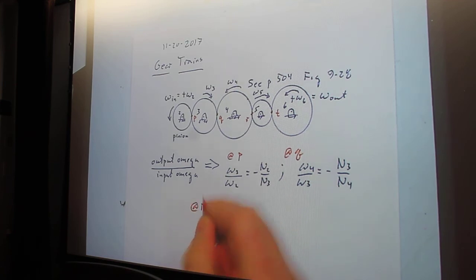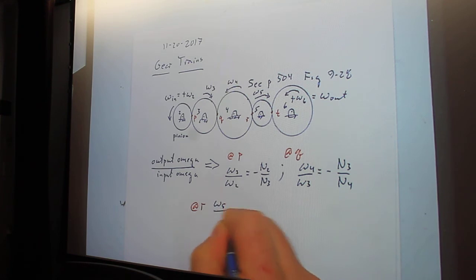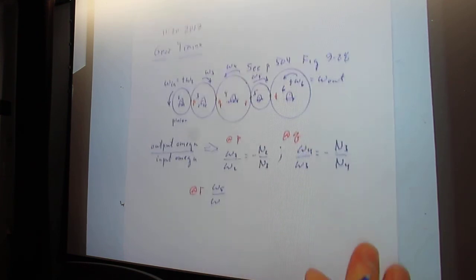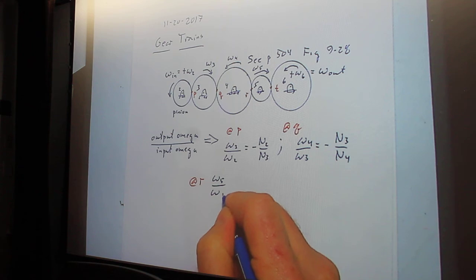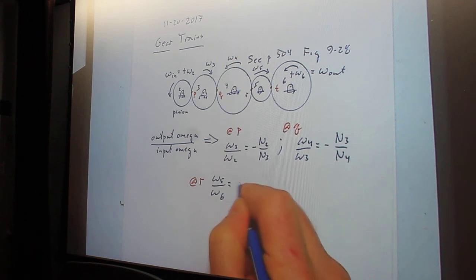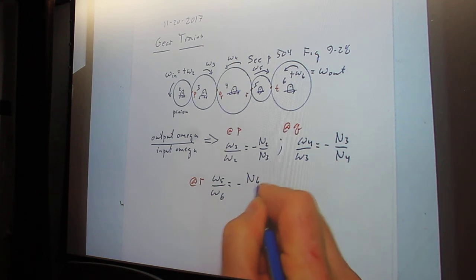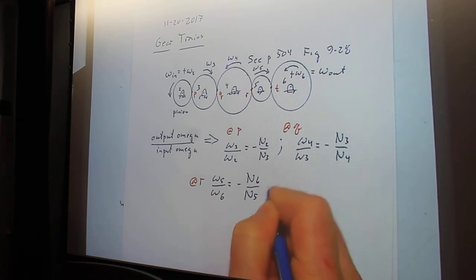At R, I have omega 5 over omega 4, which equals minus n4 over n5.